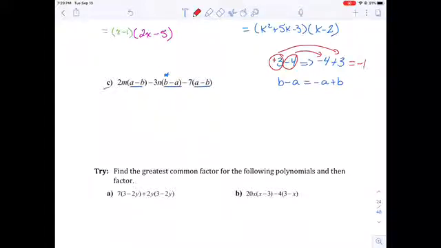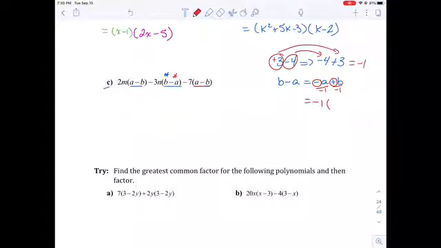Well, I don't want a negative a plus b. I want a positive a minus b. So if I could only make this sign positive and make this second sign negative, I would have a positive a minus b. If I could switch those signs, what can I do to switch signs? I can divide out a negative 1. So if I take out a negative 1, divide by negative 1, we're getting good at factoring.